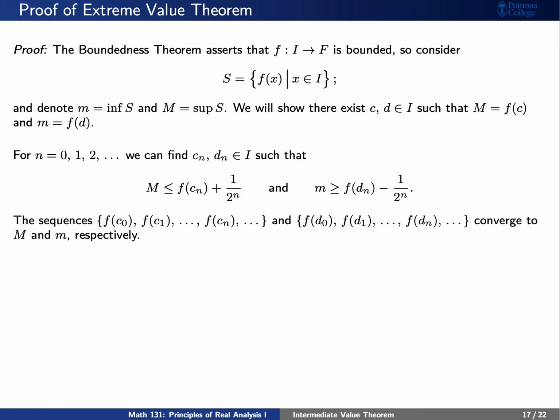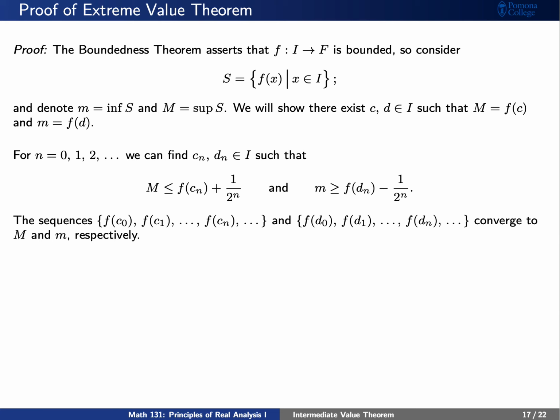For each natural number n, let's find numbers c sub n and d sub n in our closed interval such that f of c sub n is very close to this least upper bound, and f of d sub n is very close to our greatest lower bound.